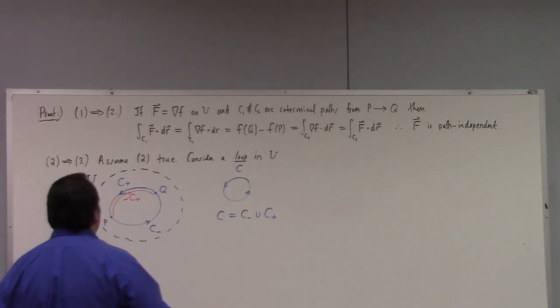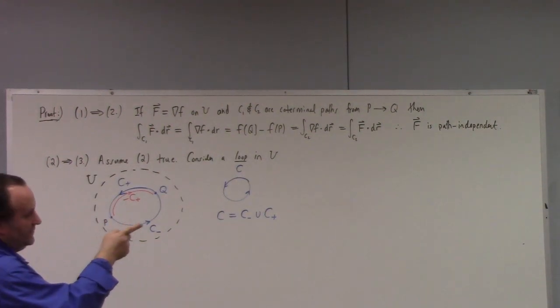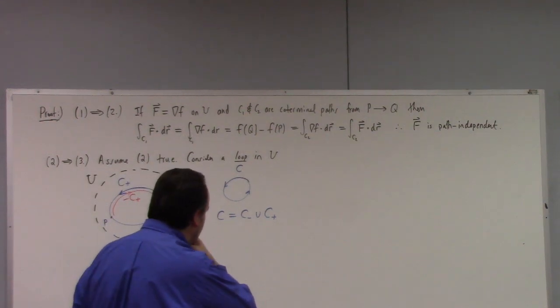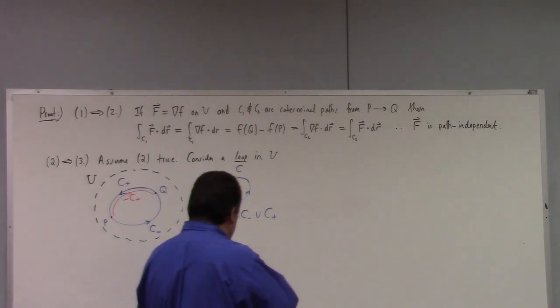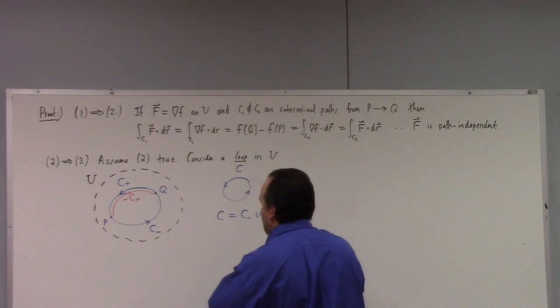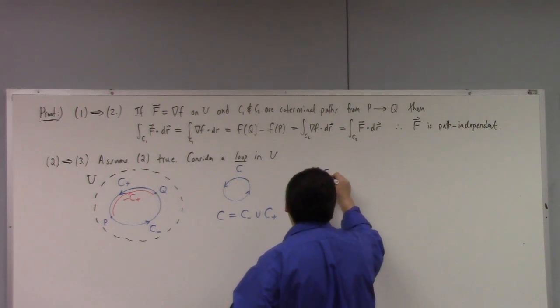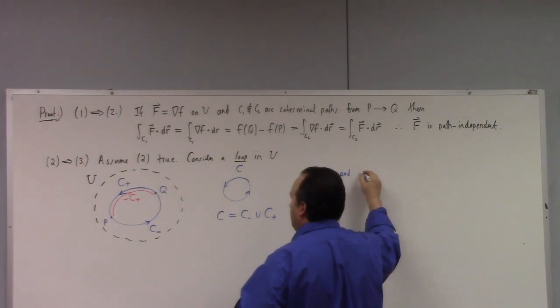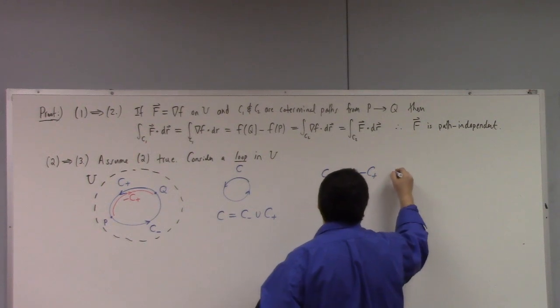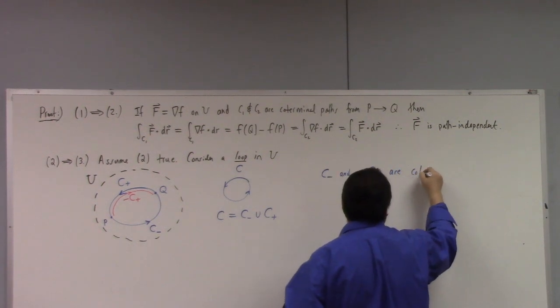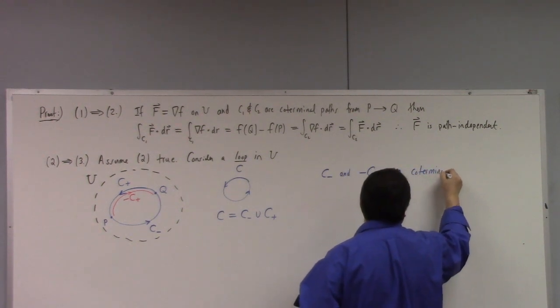All right. Now we're assuming that 2 is true, which means we're assuming path independent, right? So my observation is this. C minus and minus C plus are coterminal, right?